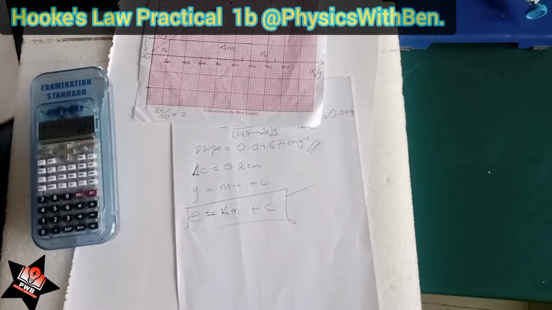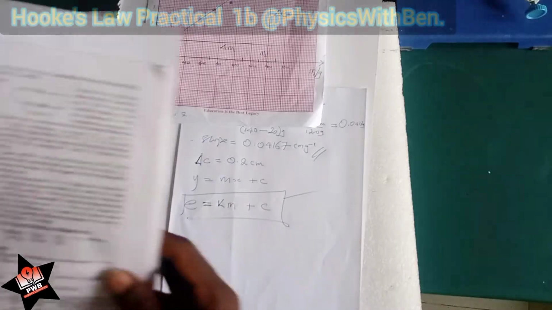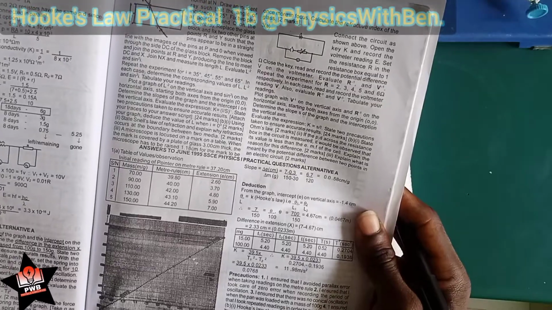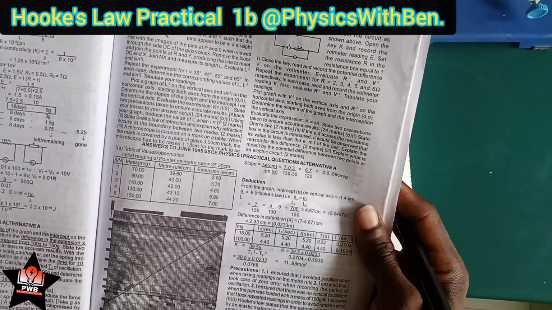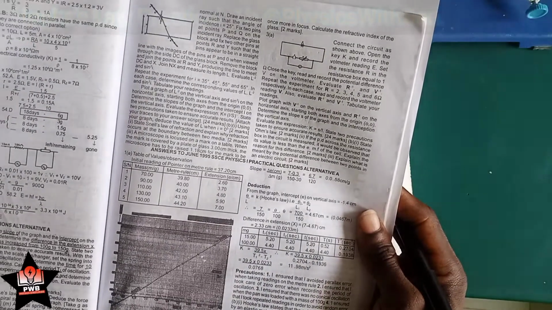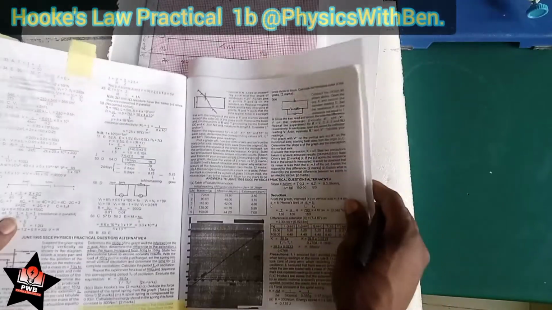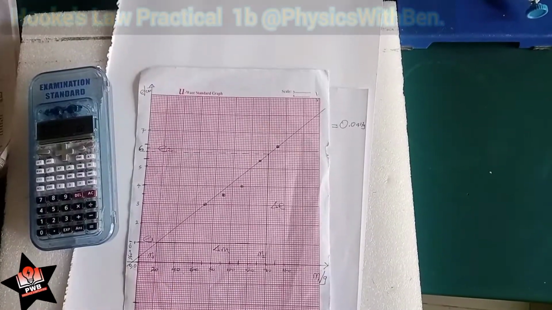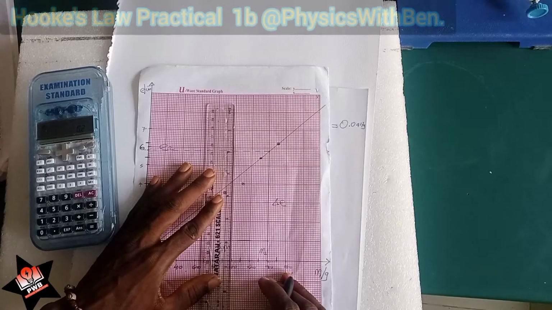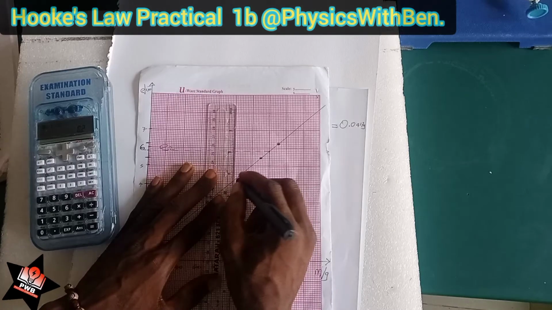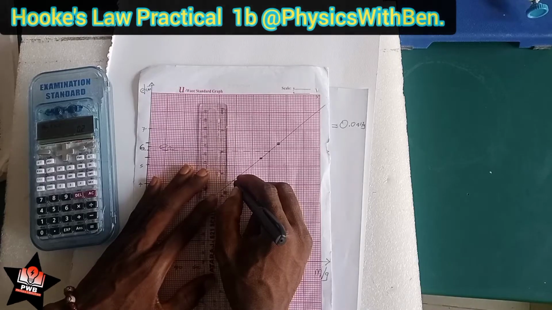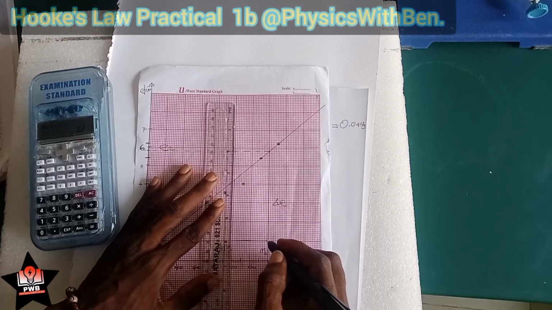The next thing they ask us to do here is to determine the difference in the extension x when the mass was increased from 100 to 150 grams. So what we do here is we trace 100, it will touch the line of best fit, and this is it. We trace this point. This is when it was 100.